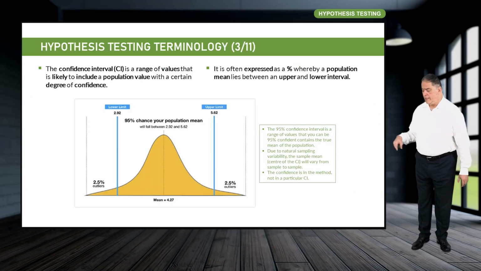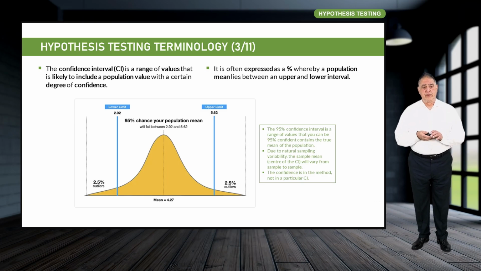We can see in our figure an example of what is known as the confidence interval. So we see that we have two endpoints. Within these two endpoints, we have a 95% chance that your population mean is going to be between X and Y.